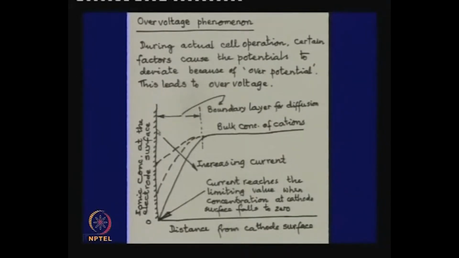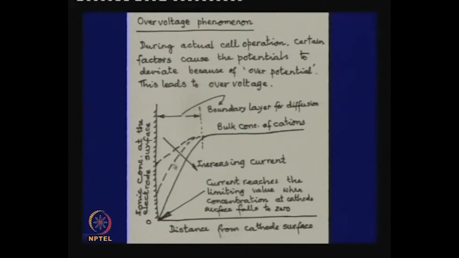So, because of this concentration gradient, there is a concentration over potential, and then a limiting current, or for a given area of the electrode, a limiting current density, which limits the amount of metal you can deposit on a cathode in a given cell.